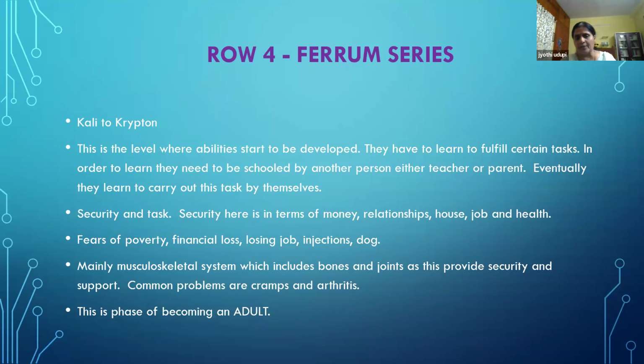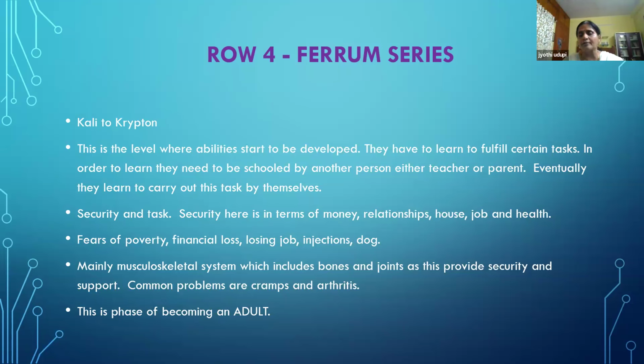Fears of poverty, financial loss, losing job, injections, dog. I need not tell you, many of you must be having many cases from this row. Mainly the musculoskeletal system, which includes bones and joints, as these provide security and support. Common problems are cramps and arthritis. This is the phase of becoming an adult.